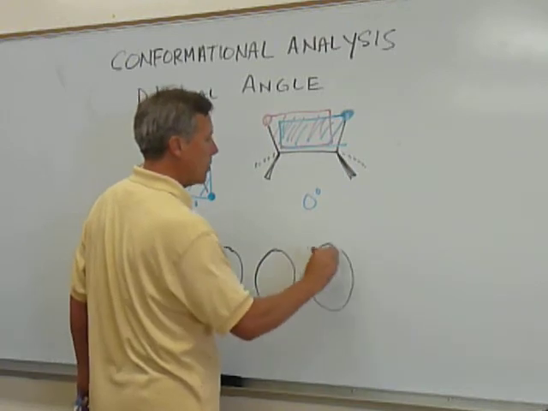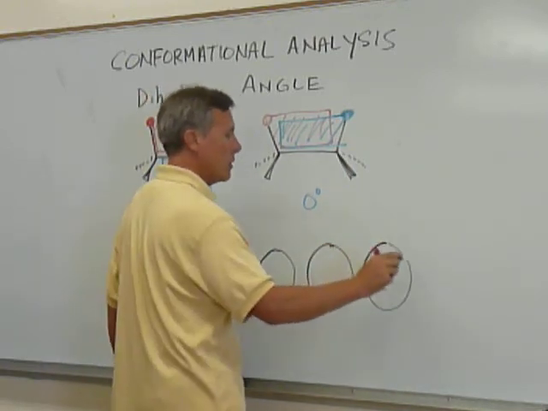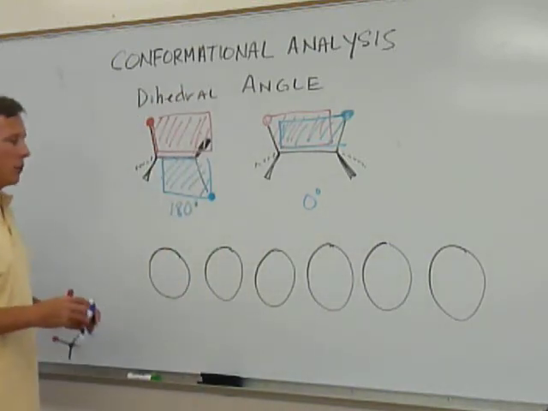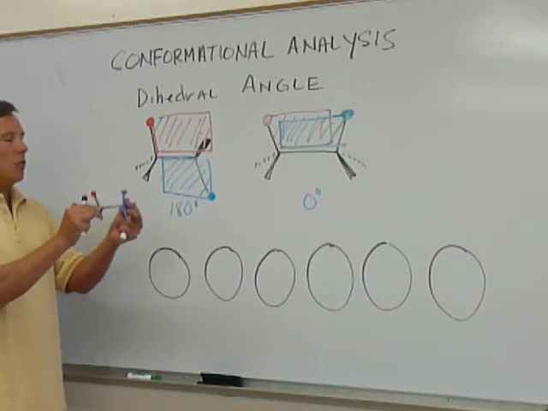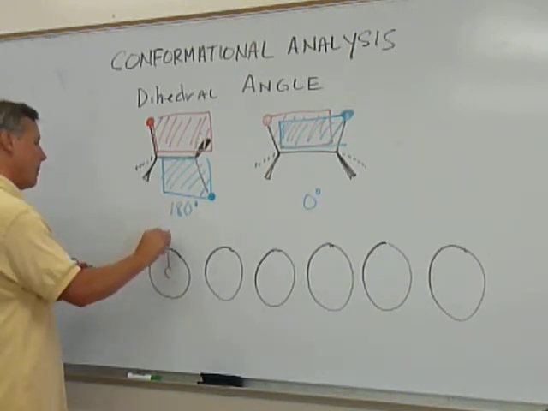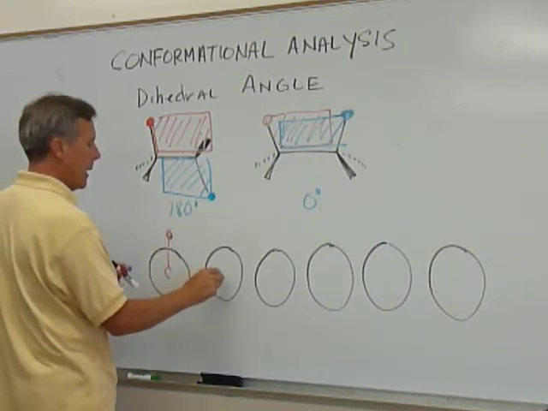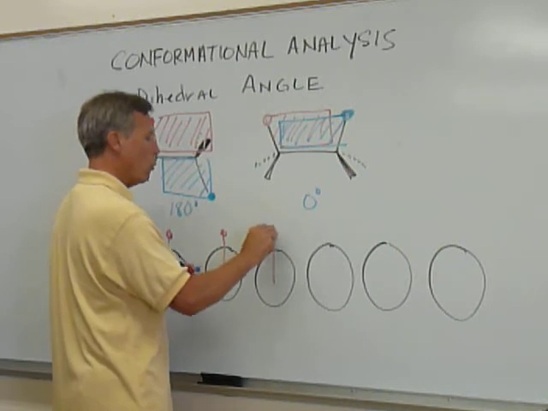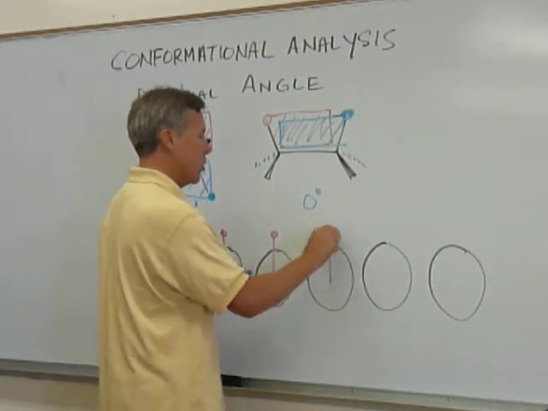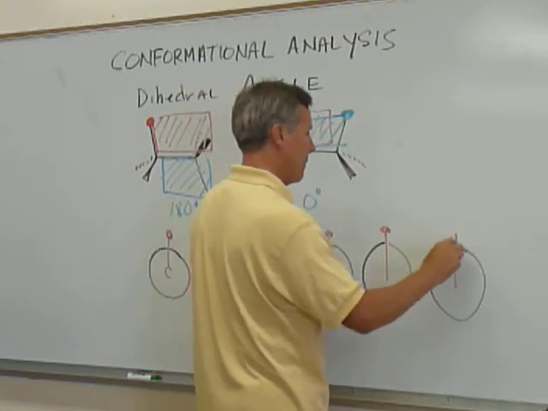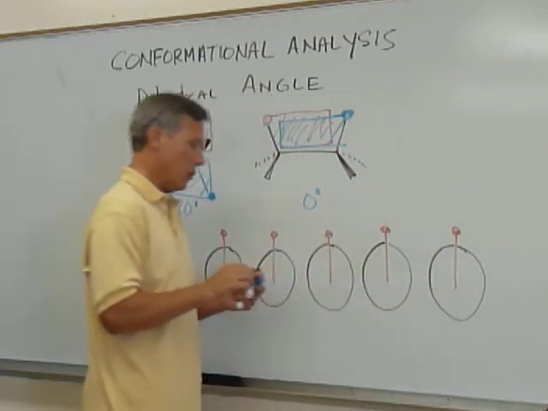Since we're going to be rotating the angle 60 degrees 6 times, we know we need a minimum of 6 circles to be drawn. When we do our analysis, we will keep the red hydrogen always pointing up in all examples. We won't rotate the red hydrogen and its dihedral plane in our analysis.